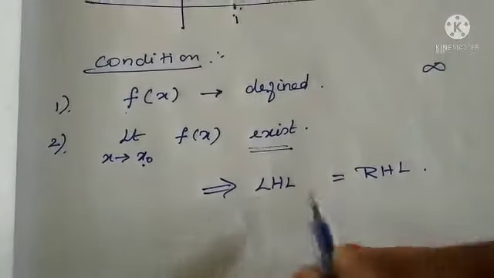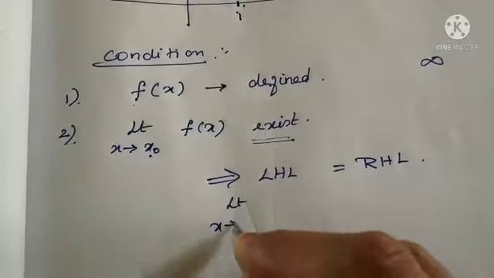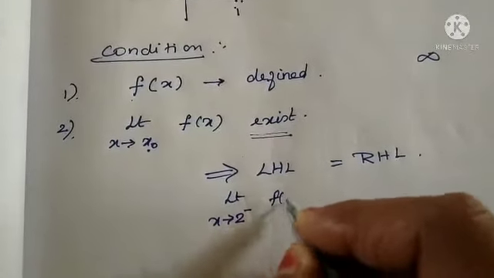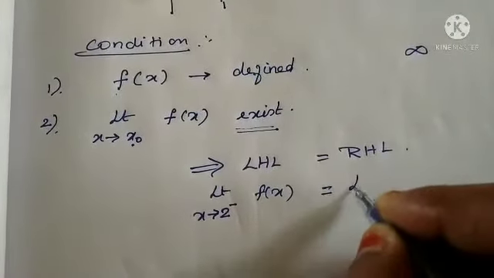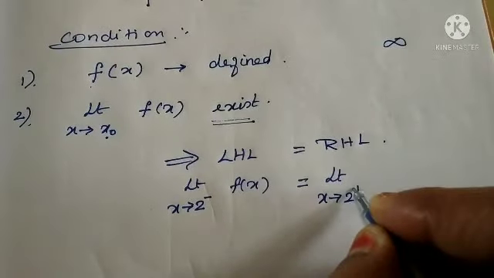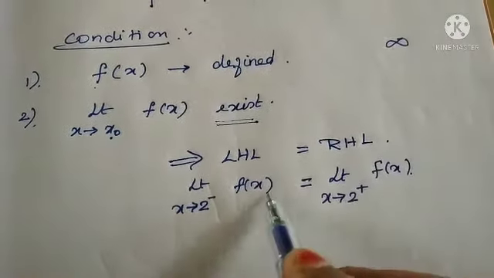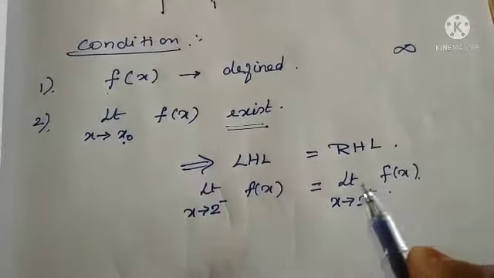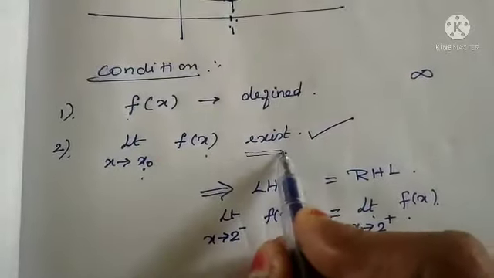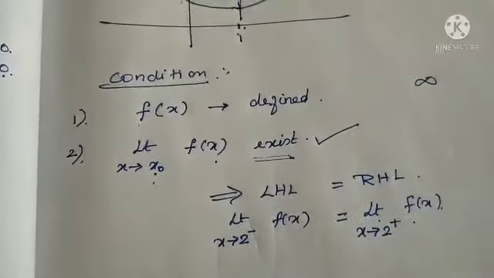Do you remember? Left hand limit means limit x tends to, for example, 2 minus f of x should be equal to limit x tends to 2 plus f of x. Both the answers should be equal. Then only you can say limit of the function exists. This is the second condition.